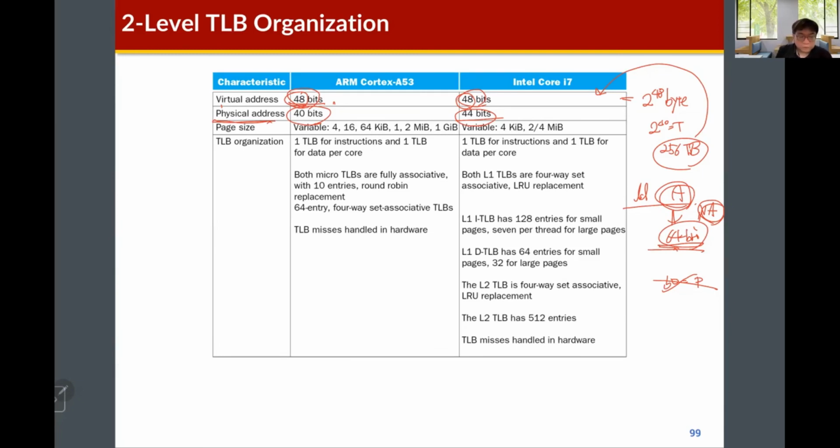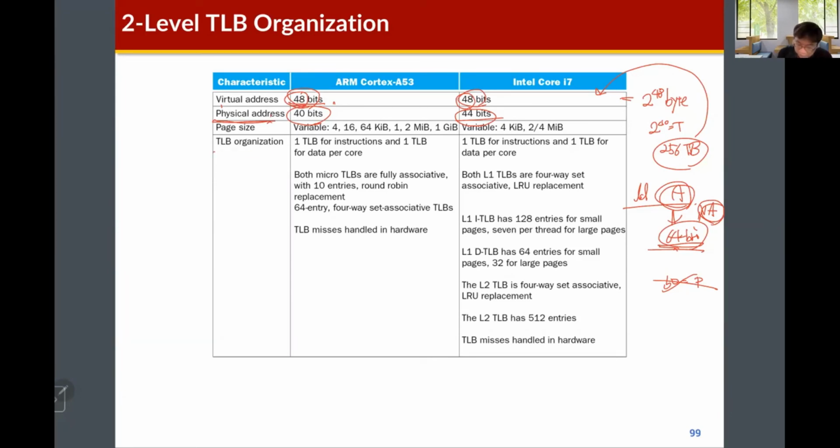But actually, the supported size of the DRAM is determined by hardware limitations, like DRAM controllers. The physical address is the maximum size of the memory space supported by the virtual memory concept.